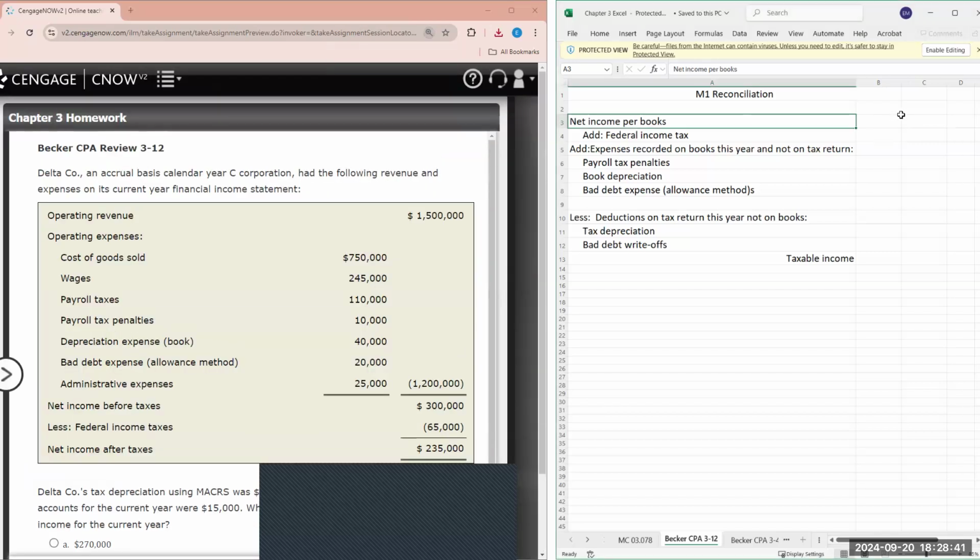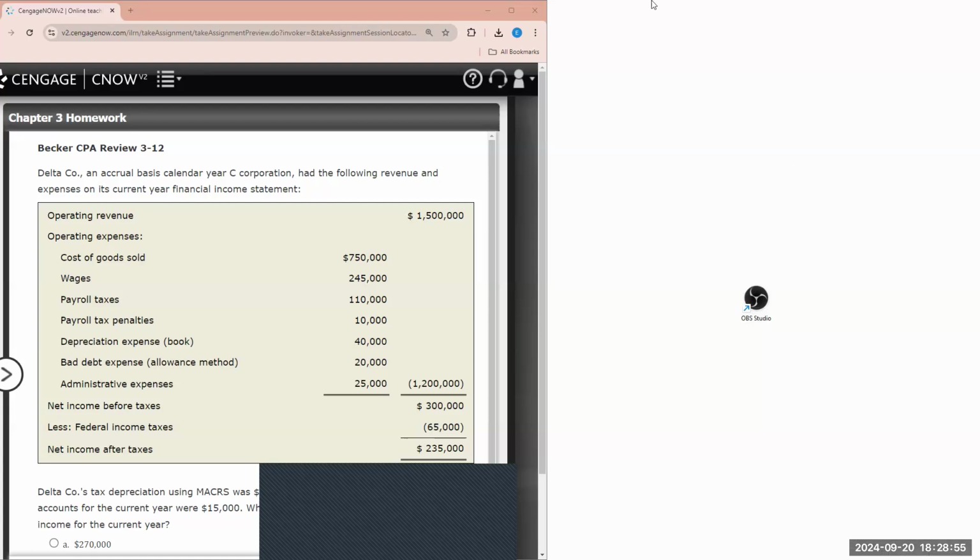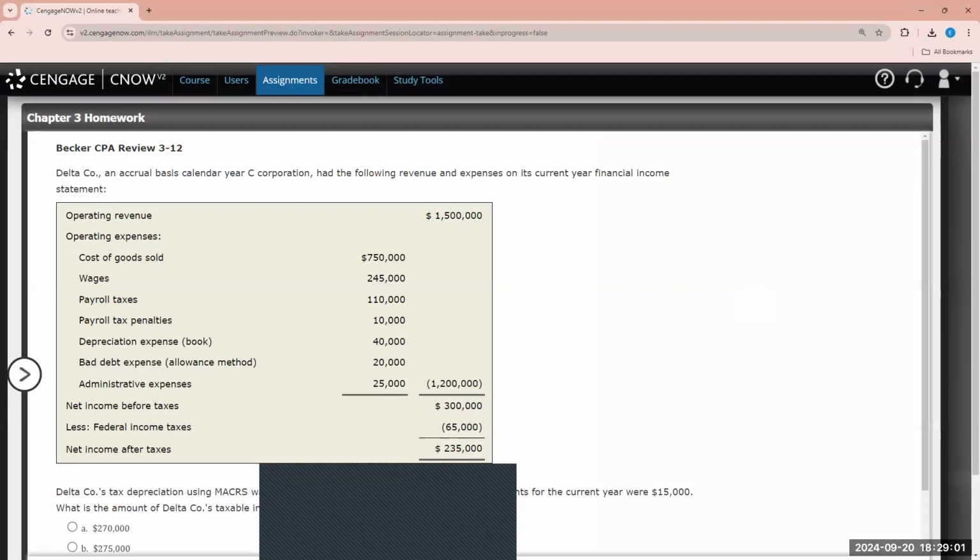All right, so we start off with the net income per books. And we see that based on this information, it says the net income after taxes is $235,000. So we start off with the 235,000.